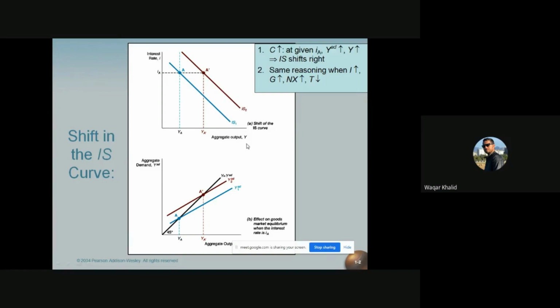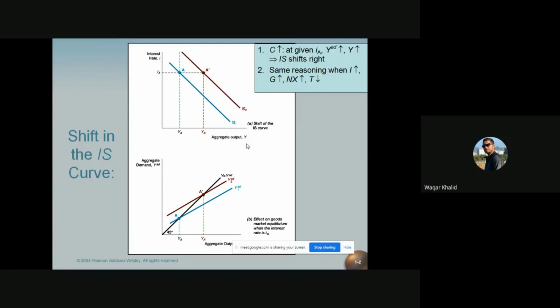But if a decrease in investment spending occurs because companies become more pessimistic about investment profitability, it shifts the aggregate demand function downward for any given interest rate. The equilibrium level of aggregate output falls, shifting the IS curve to the left. It means if we have the reverse case, if there is a decrease in investment spending, what will be the result?